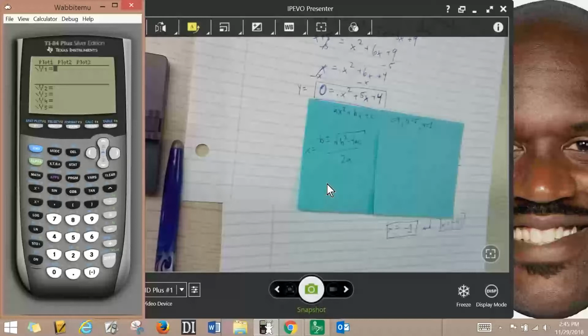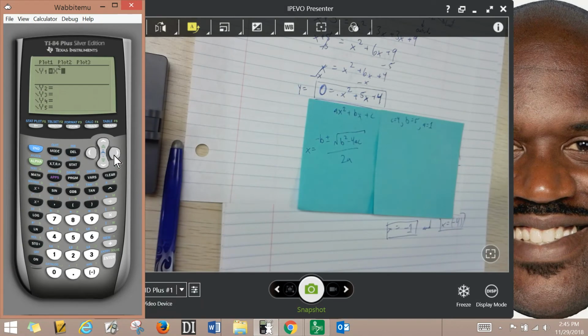So let's write in x squared plus 5 times x. Whoops, sorry. Let's go back one, back another one. Let's delete this whole thing actually. Okay, there we go. Deleted that. And let's press x plus 4.